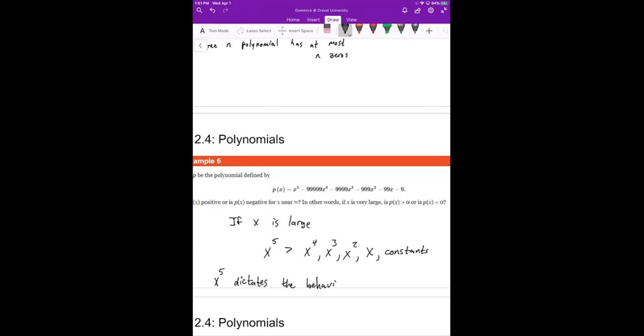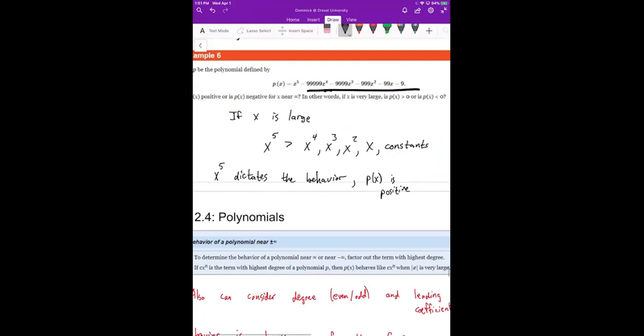So even though the coefficients of all those other terms are large negative numbers, it doesn't matter because you can just make x larger and larger until it doesn't matter anymore. So x to the 5th dictates behavior. So if x is very large, then of course p of x is positive. All right, and that's the idea, that no matter how gross the coefficients of the lesser terms are, if you're approaching infinity, they don't matter because they're the lower order terms.